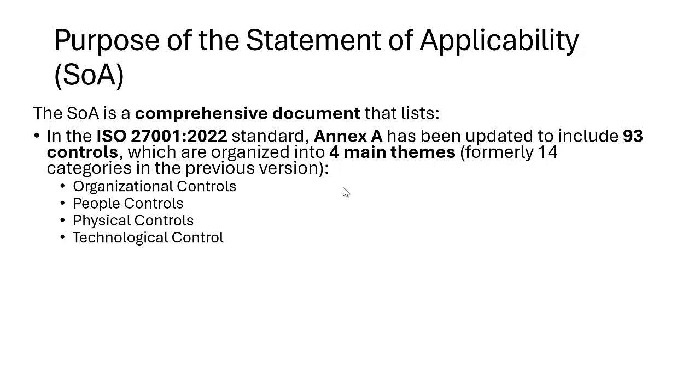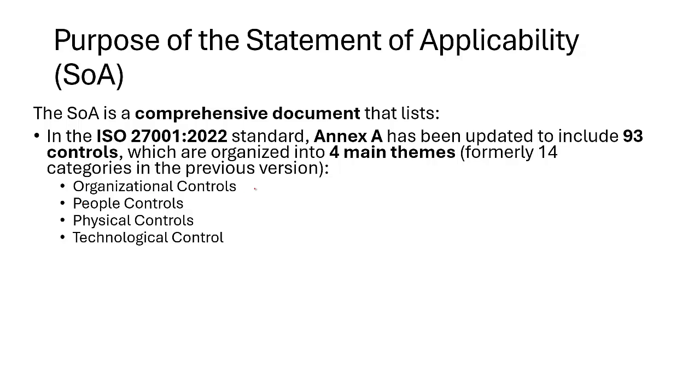So it was reduced from 114 in 2013 to 93 controls. And the best thing is that these controls have been organized into four categories. One is organizational controls. Second is people controls. Next is physical controls. And the last is called technological controls.